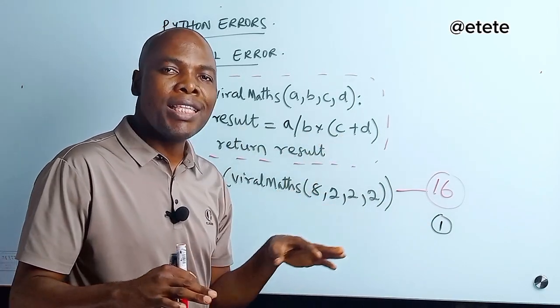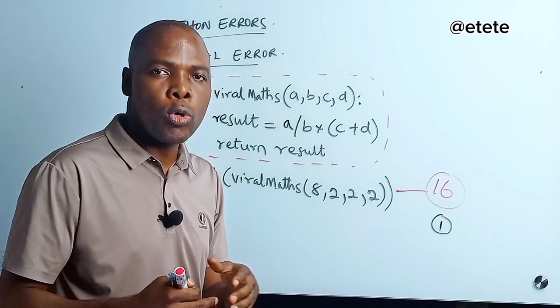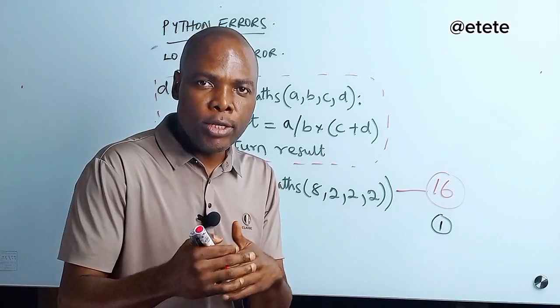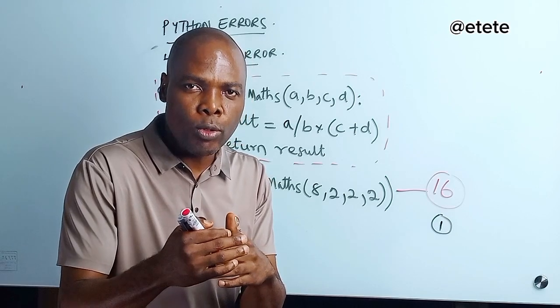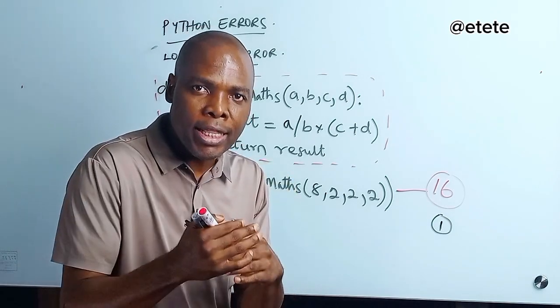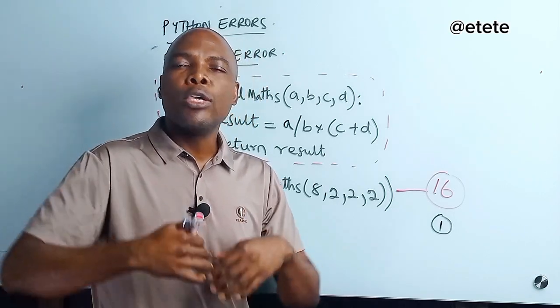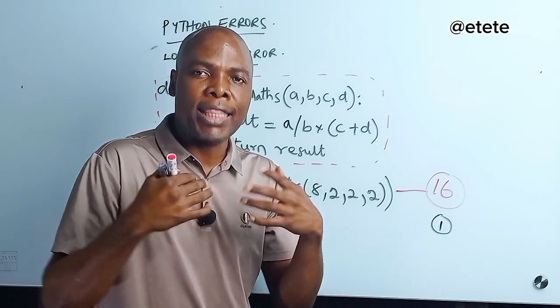So the only way you can detect a logical error is by practice, by testing your code, right? You test the code, you see that what you are getting is not what you want. You go back again, you rewrite the code, you correct it, you test it again. You see it's not giving you what you want, then you go back again. So you have to test and test and test.